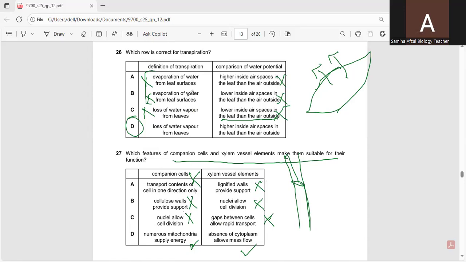Transpiration pull has a great pressure due to the forces of cohesion and adhesion. So the lack of cytoplasm eliminates any obstruction to the flow of water. That is the reason D is correct. Water can be easily transported by the xylem vessels. So D is the correct option.